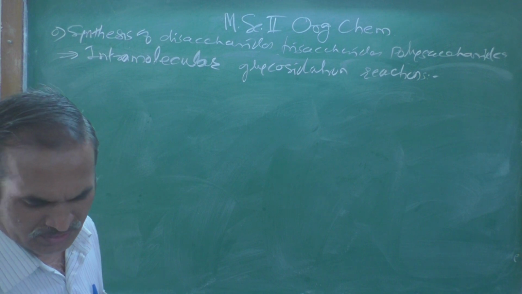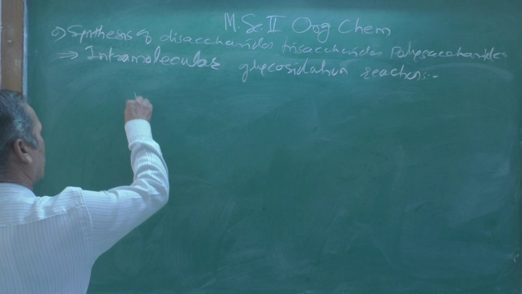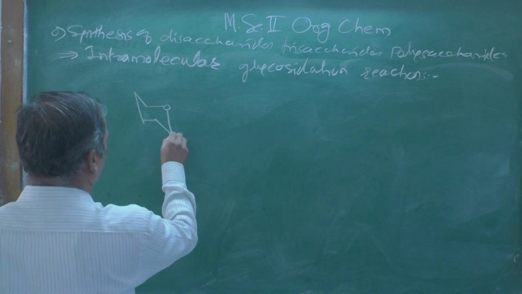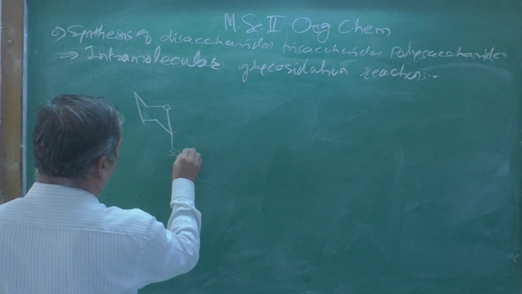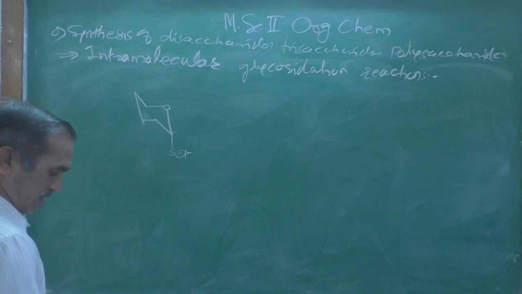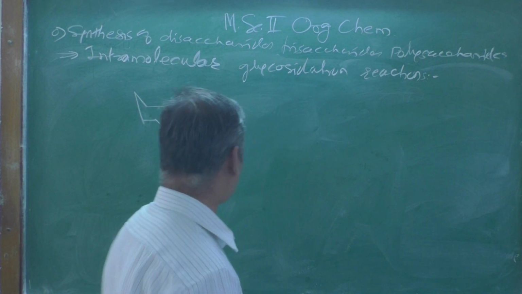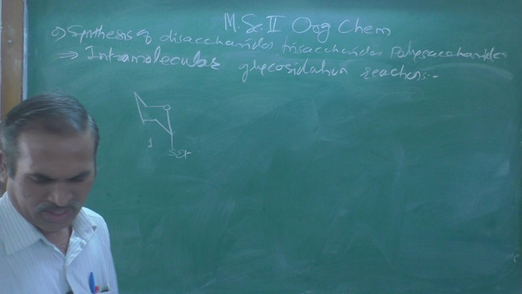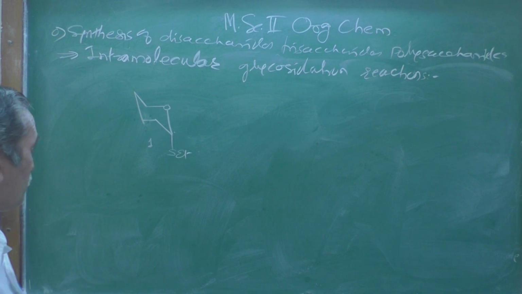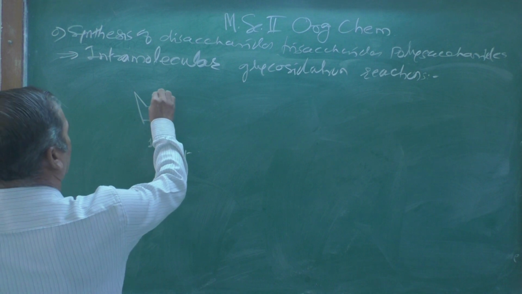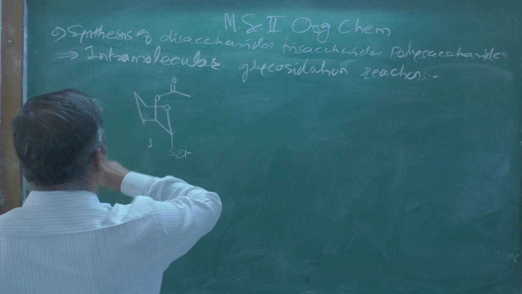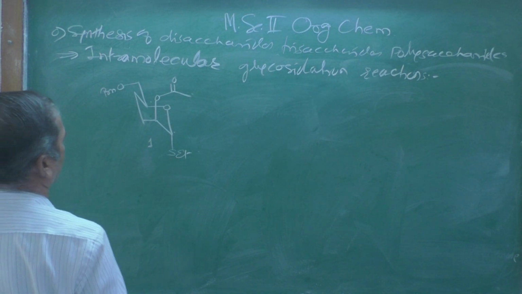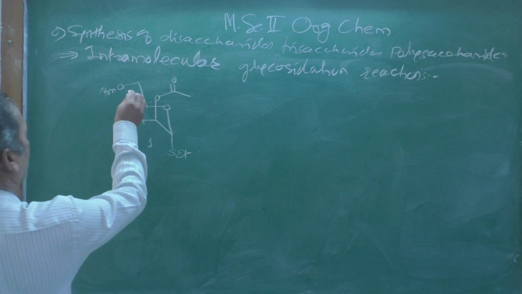That is structure number 1, which is a thioglycoside. As we know, when a sulfur group is introduced at the anomeric carbon atom, it is generally called a thioglycoside. At the 2 position the acetate group is present. All other groups, which lie equatorially, are protected by benzyl groups.